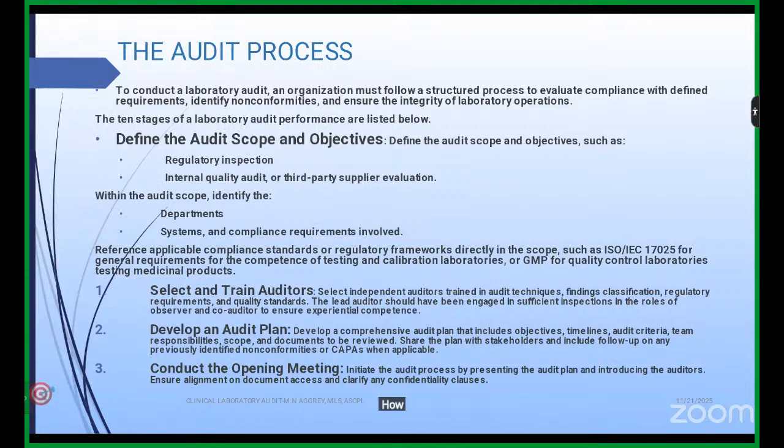How long is the audit going to take place? Or what timelines will it cover? Is it 1 year or 2 years? So documentation over that whole period of 1 year or 2 years has to be put in check. The criteria is also defined. The team's responsibility.